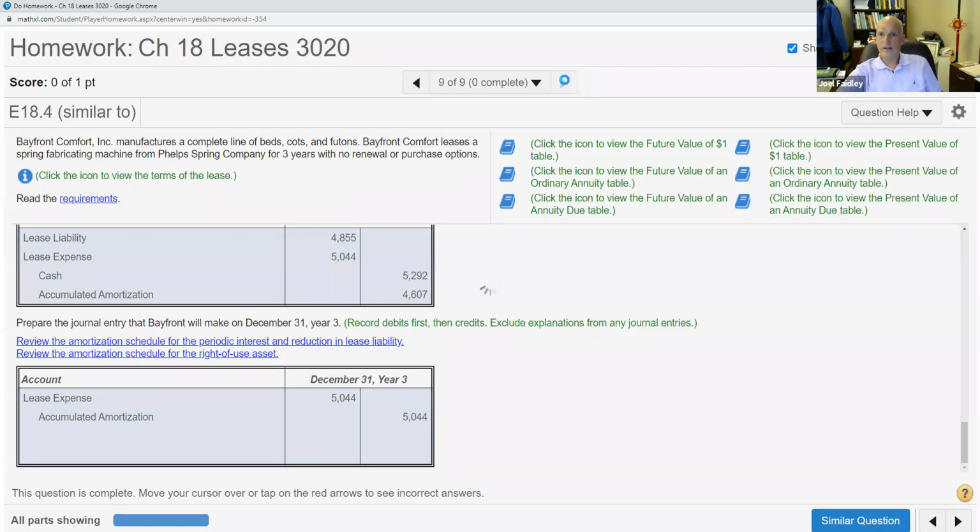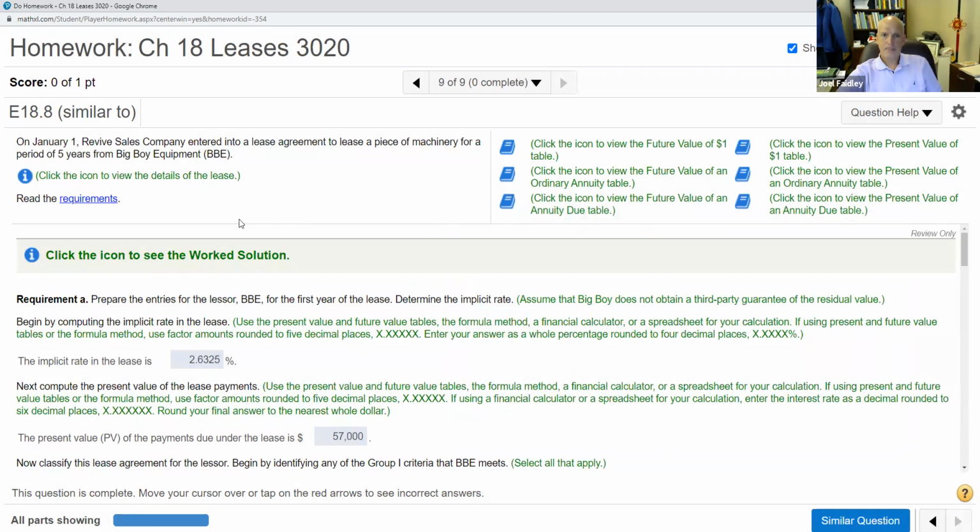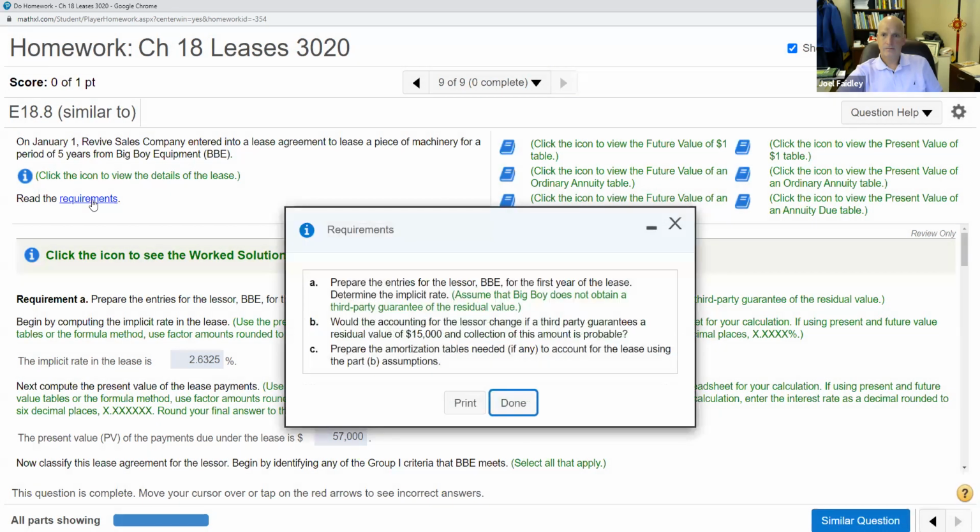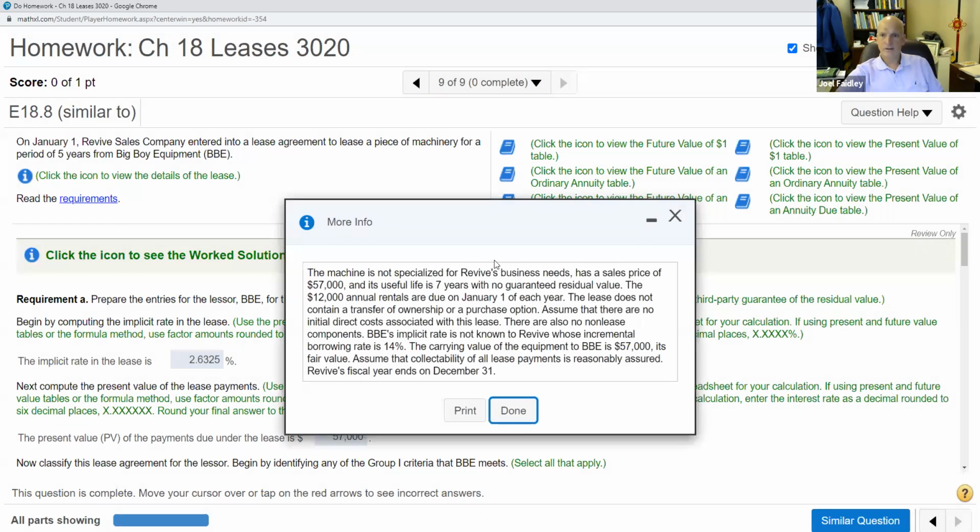And let's look at number 9. All right, what do we have going on here? 5 years, Revive Sales Company. The requirements say we're making entries for the lessor. All right, what's the information? Not specialized equipment.